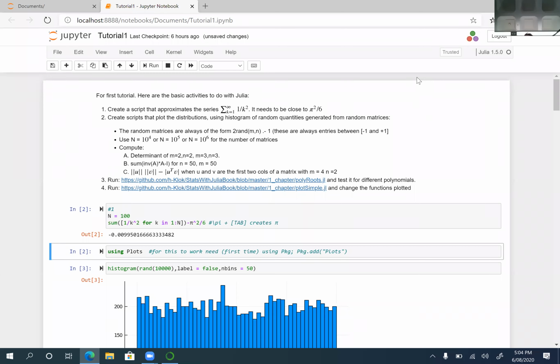All right, now remember, because we want to check whether or not this is approximating pi squared on 6, what we do next is we subtract it. But here, Yoni's got a comment: \pi and tab gives you pi. All right, so you can just write \pi, lowercase, press the tab button, and that will convert it in front of your very eyes into the Greek letter pi.